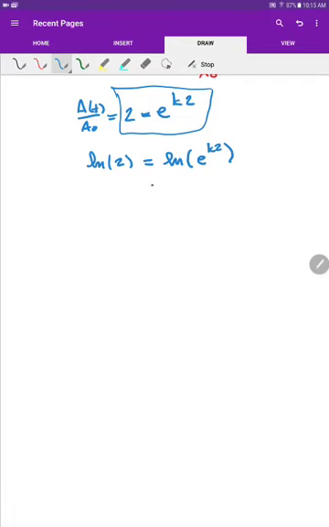Using our properties, natural log of e to the k times 2 means we can pull this directly out of the exponent, and the log and e disappear, and this equals k times 2. So, reversing sides here, k equals natural log of 2 over 2. Very common expression: natural log of 2 over some time value, in this case 2 hours. If I calculate that with my calculator, I end up with 0.3466.